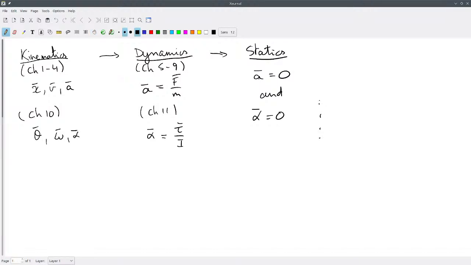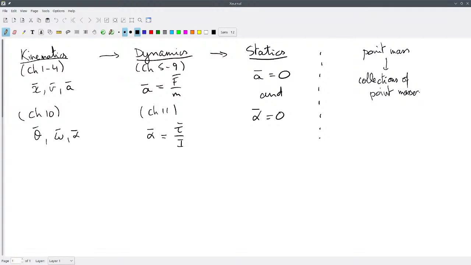Notice that we also have done this for a couple of different systems. We've done this for points or point masses. Then we went to things like collections of point masses.